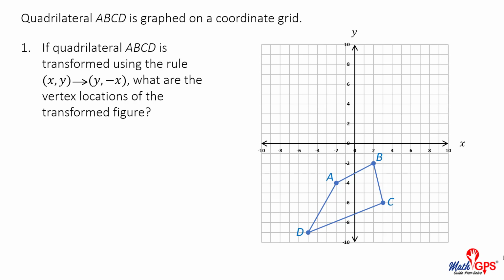Quadrilateral ABCD is graphed on a coordinate grid. Number 1. If quadrilateral ABCD is transformed using the rule (x, y) transformed to (y, -x), what are the vertex locations of the transformed figure?